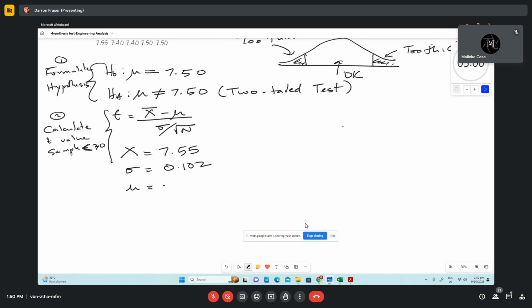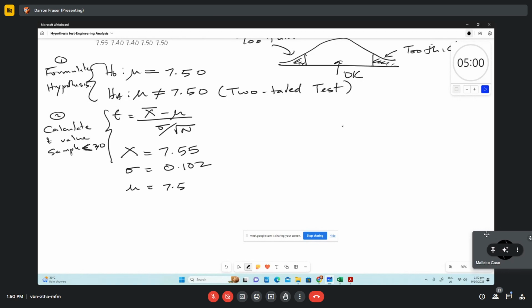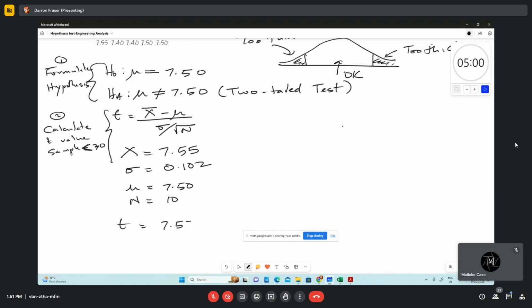The claim is 7.50 and the number in the sample is 10. So t is going to be equal to 7.55 minus 7.50 divided by the standard deviation 0.102 divided by the square root of 10.